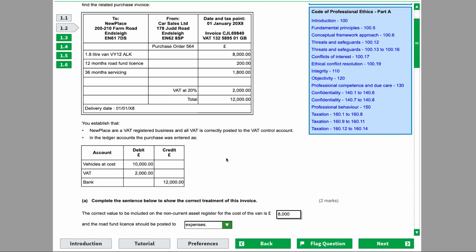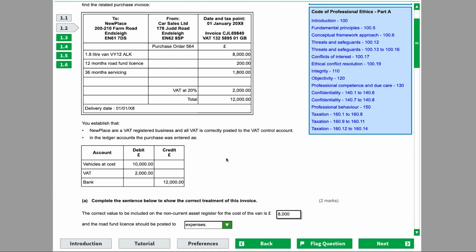profit or loss. So what's happened is, now that we've corrected those, that extra £2,000 will go as an expense within our profit or loss. Now, if we've increased our expenses, that means the overall effect on our profit is that it's going to be lower, because we know that to get to our profit figure, it would be all our income minus all our expenditure.